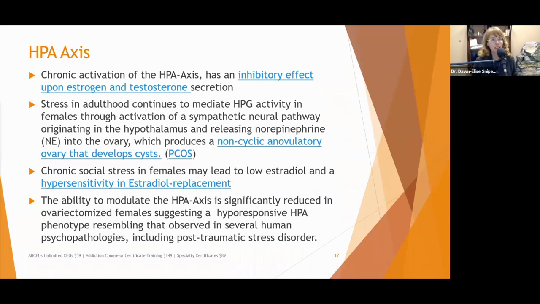People who have been exposed to childhood trauma, adverse childhood experiences, or early trauma, again, typically have a stronger stress response and may be struggling with hypocortisolism. They are primed, if you will, to have that norepinephrine pumped into their ovaries because their body is hypervigilant a lot of the time, which again they've found may contribute to the development of PCOS.